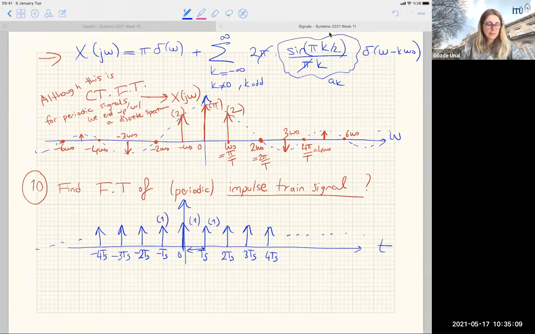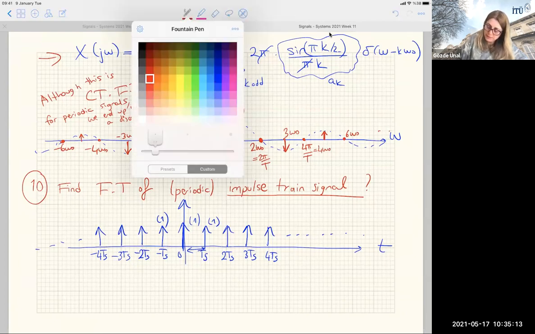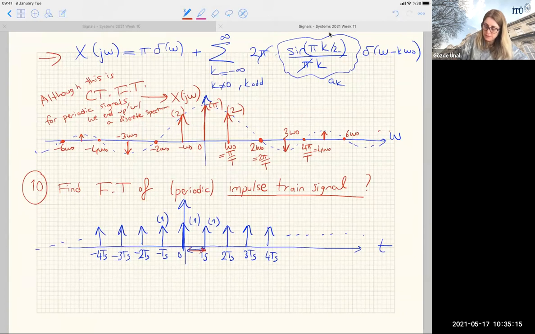Every TS seconds, delta, when multiplied by a signal, samples from the signal, right? This is used for sampling.